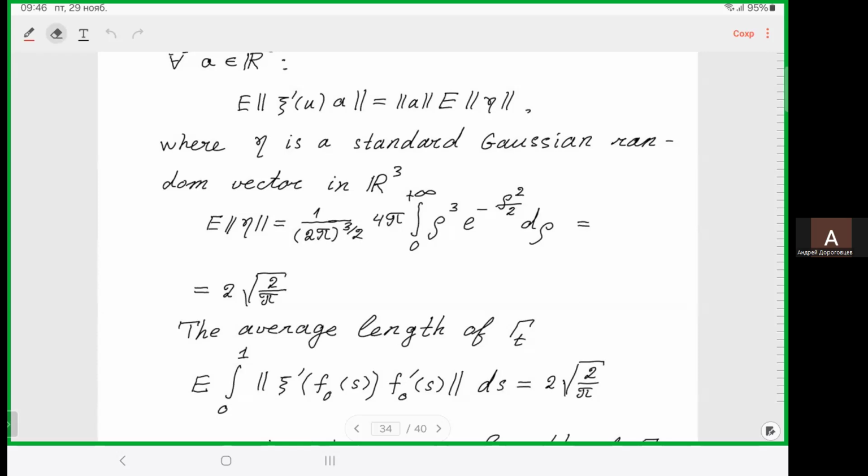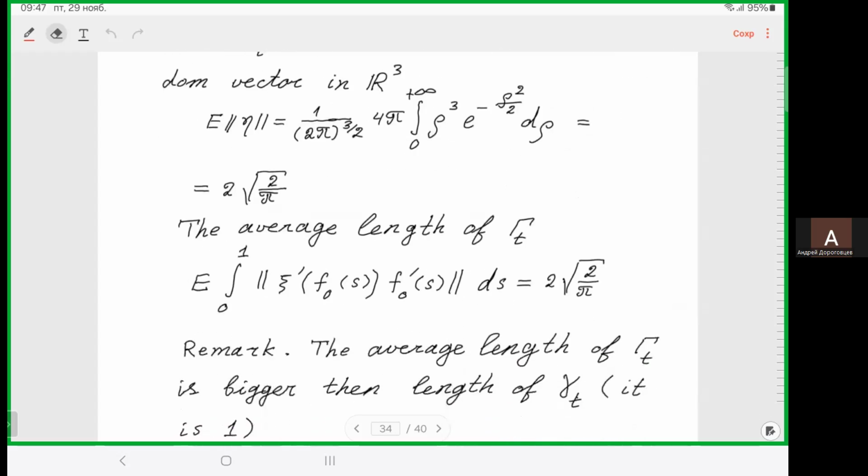You see, our random field psi is isotropic, but it occurs that it slightly enlarges our gamma. Initially, we suppose that the norm of the derivative of f0 is equal to 1. So the total length is equal to 1, but we get the expectation which is greater than 1. Yeah, it is interesting.